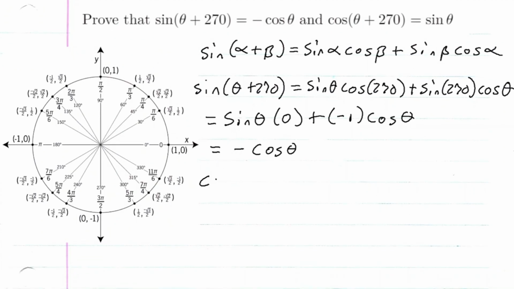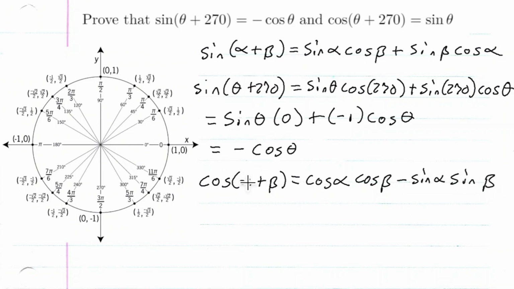So remember, cosine of alpha plus beta is equal to cosine of alpha cosine of beta minus sine alpha sine beta. So instead of using alpha and beta, we use theta and 270.